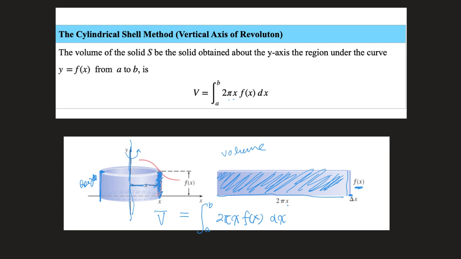Here is how to remember it. x is the radius, and f of x is the height. For the shell method, you're going to remember two things: draw the rectangle parallel to the rotating axis, and find the radius and height. Also, here is a 2 pi. The previous washer and disk methods use pi, but the shell method uses 2 pi.